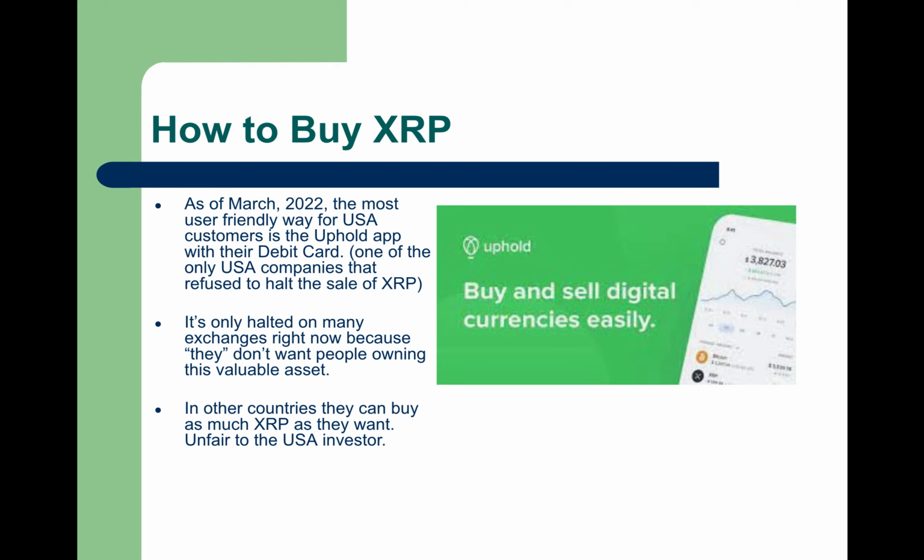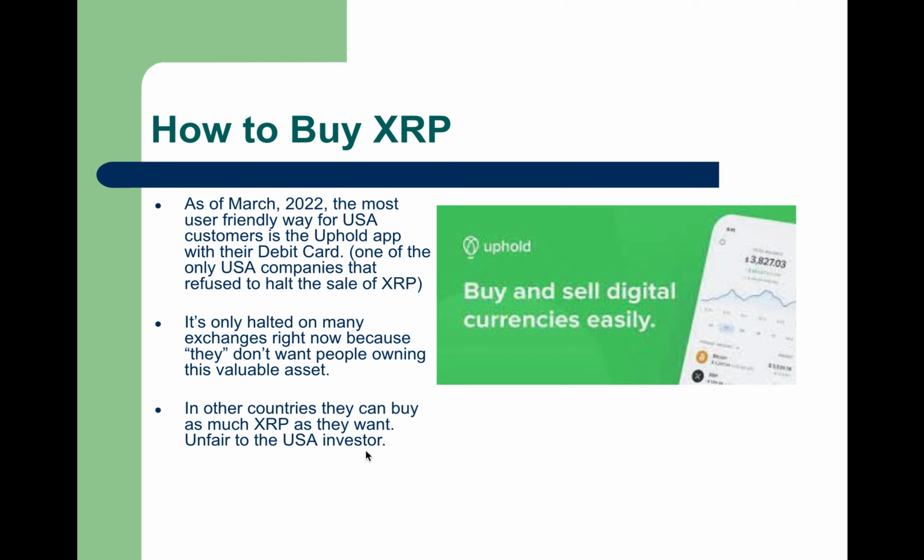Anyway, so continuing. In other countries, which is unfair, they can buy as much XRP as they want. But what other countries tend not to have is the expendable money, because the U.S. is crazy, everything's expensive, and it's just the way of life here, it's different compared to many other countries.